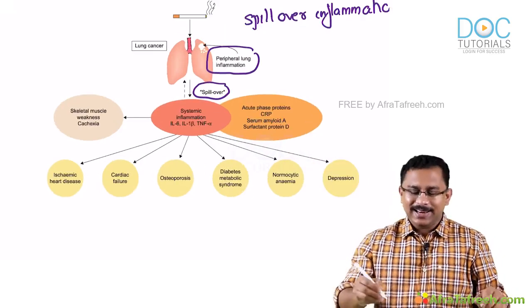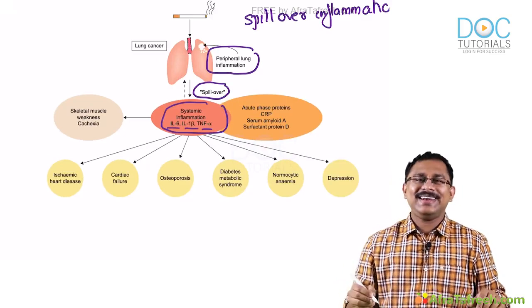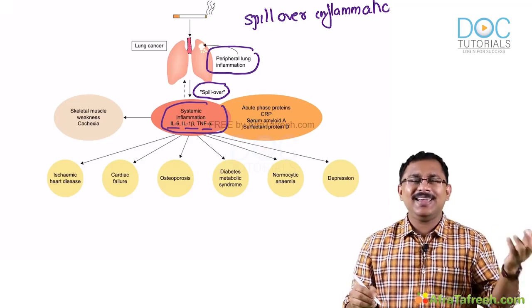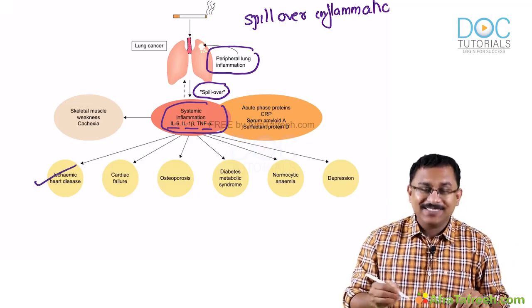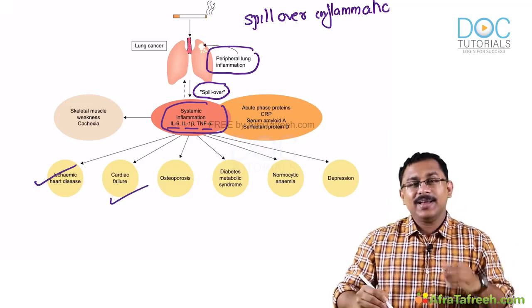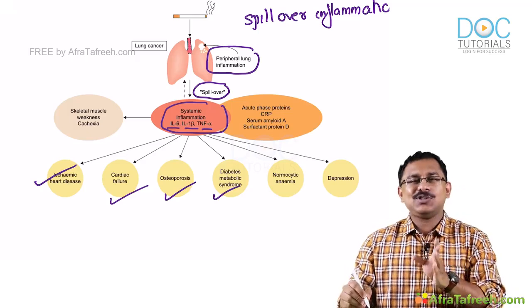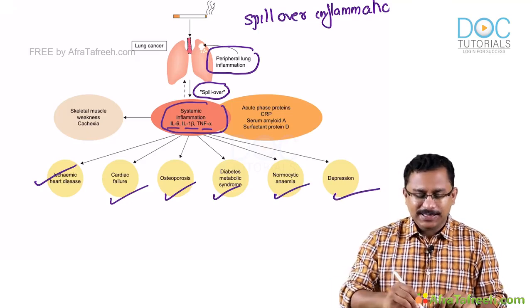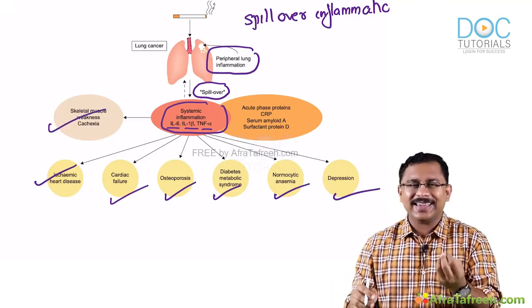So it can release various cytokines like IL-6, IL-1 beta, TNF alpha, resulting in involvement of the kidney, your heart, everything. So you can have ischemic heart disease, heart failure. In the bones, it can cause osteoporosis. It can predispose to diabetes and metabolic syndrome, anemia, depression, and you might also have skeletal muscle weakness and cachexia.